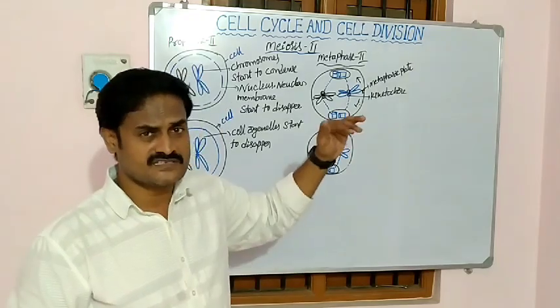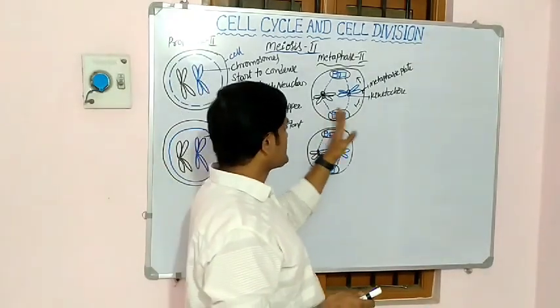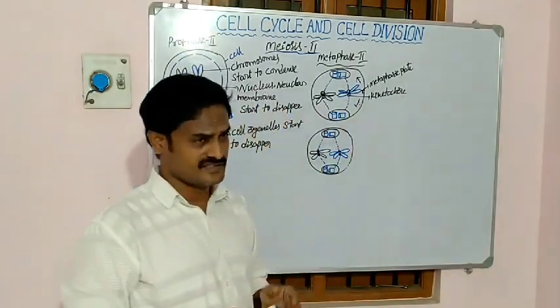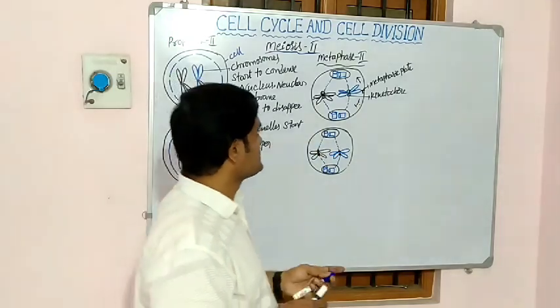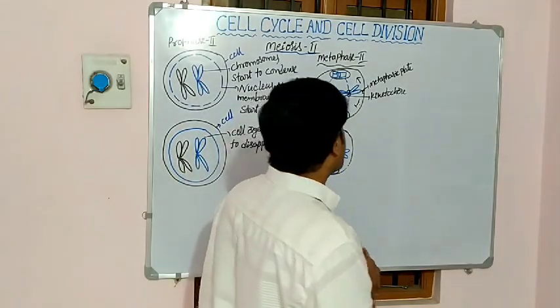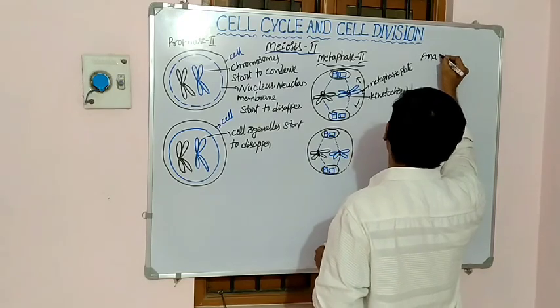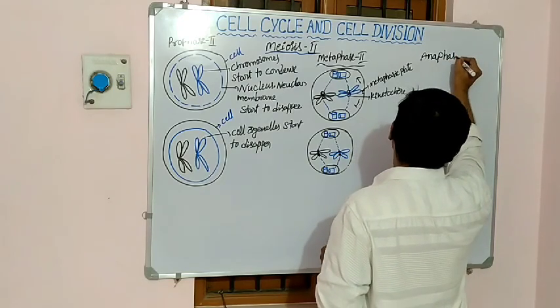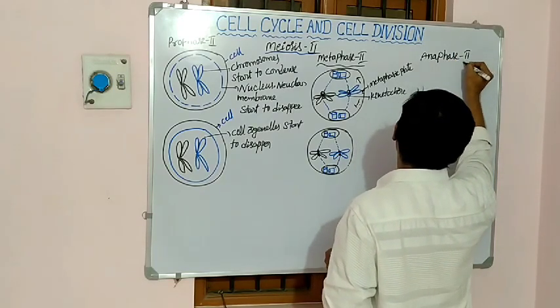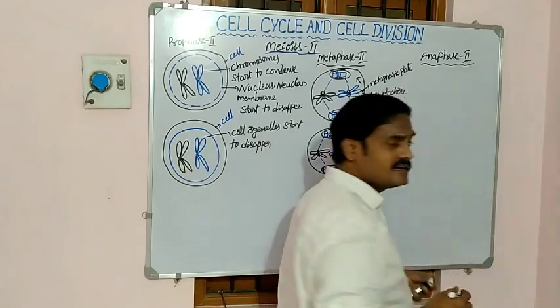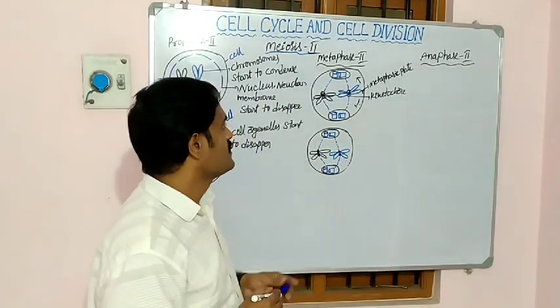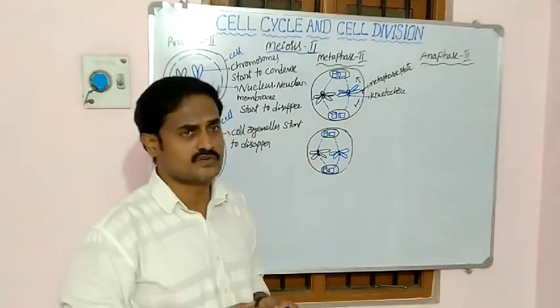Once metaphase is completed, the two cells are involved in one more phase. That phase is called anaphase 2. So once the cell enters anaphase, what kind of changes are we noticing here?